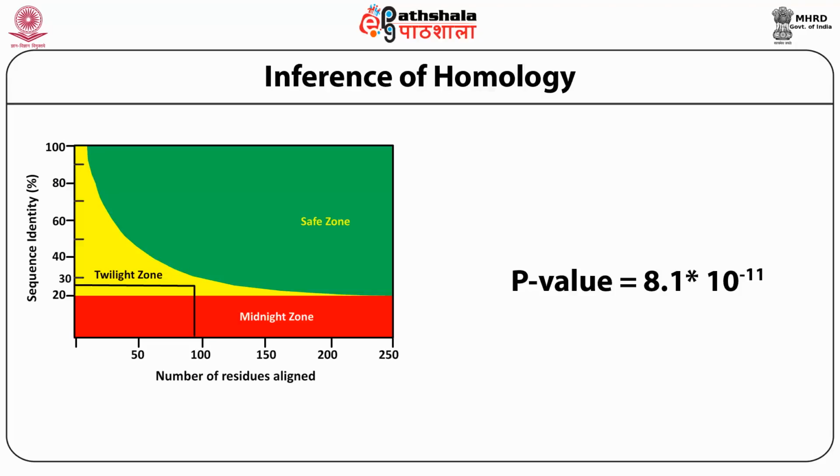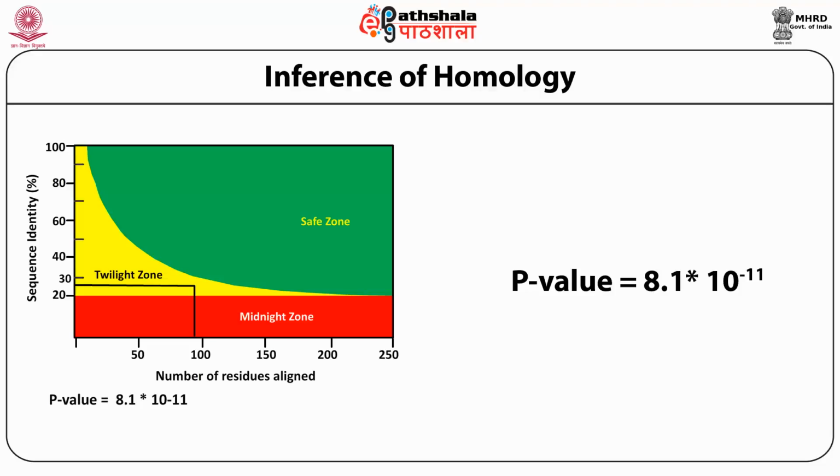Consequently, we need to calculate the p-value using BLOSUM62 and opening gap penalty 10 with extend gap penalty 1 for evaluating the alignment. The p-value for this alignment was found to be 8.1 times 10 raised to the power minus 11.